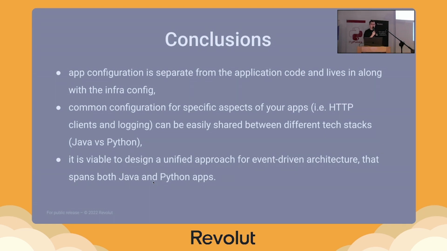Common configuration for some specific aspects of your application like HTTP clients or logging can be easily shared between the infrastructure and projects which are written in Java and Python. And also it's viable to design system with a unified approach in mind for event-driven architecture that spans for both Python and Java applications.